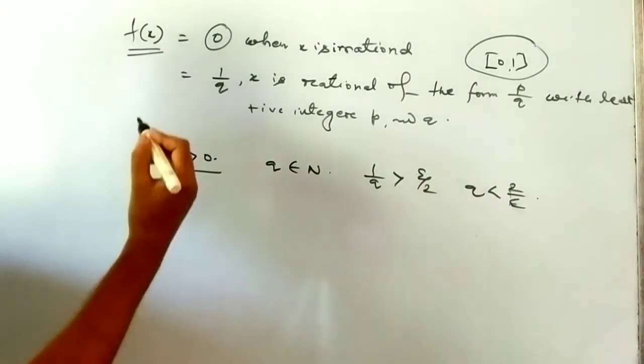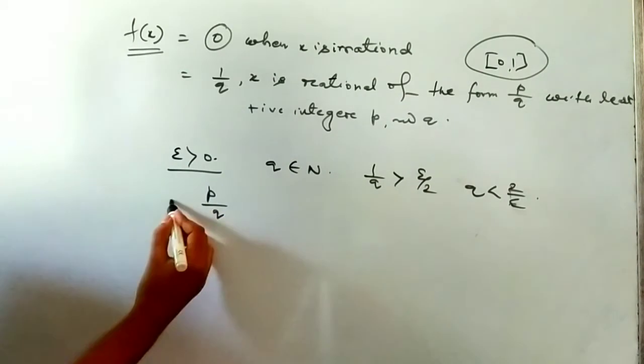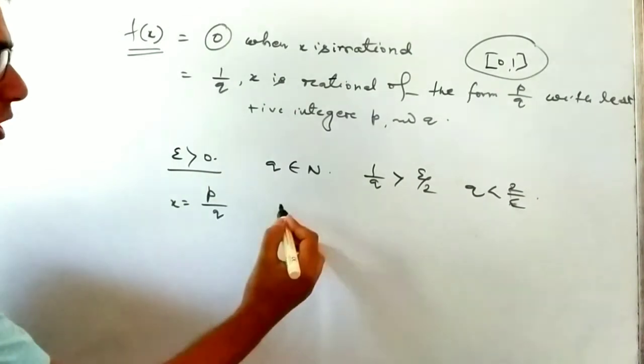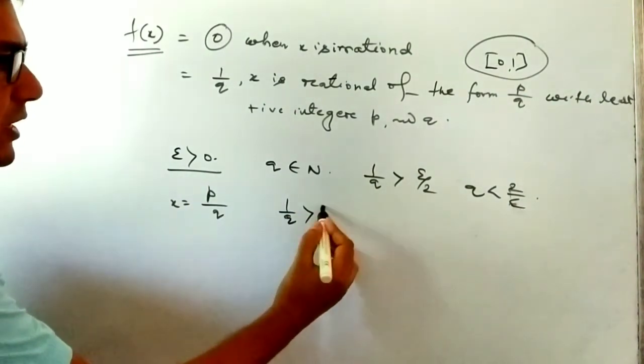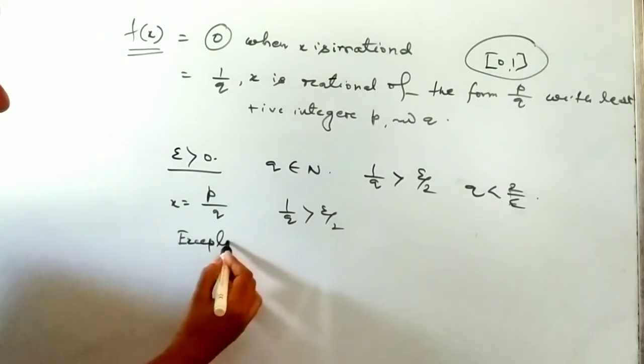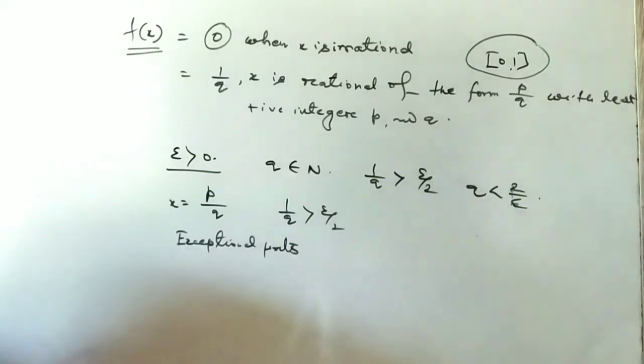And we rename this type of point x equal to p by q, which is a rational point for which 1 by q is greater than epsilon by 2, as exceptional points.